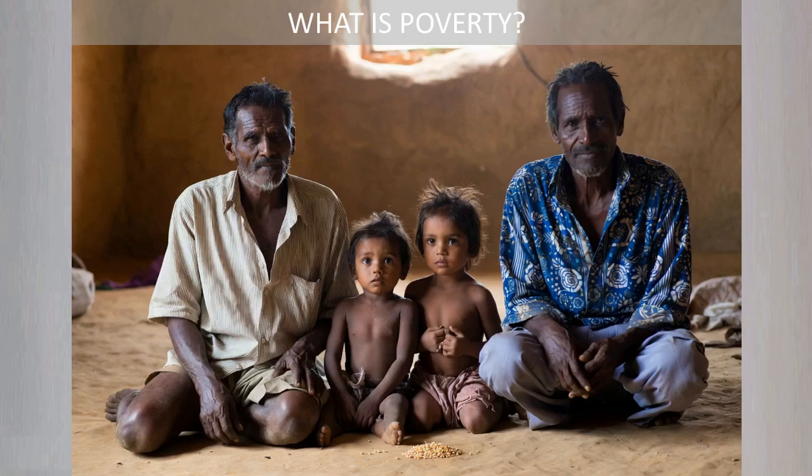The second is relative poverty. Relative poverty exists when people have living standards significantly below the average standard of the society in which they live. For example, a family may not be starving, but if its income is far below the average income of society, it may still be considered relatively poor.